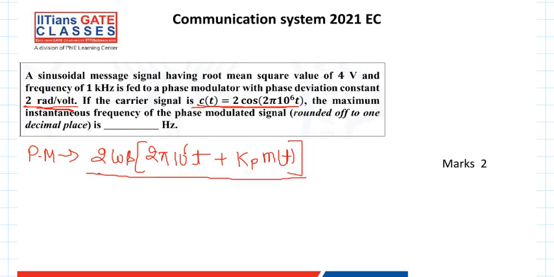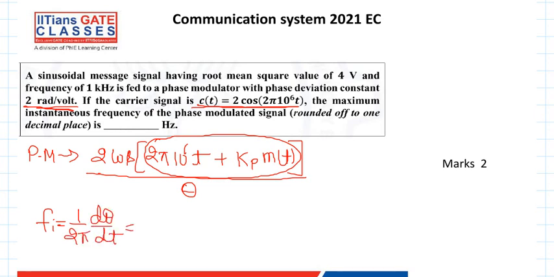Now we need to find out the maximum instantaneous frequency. Now this complete thing is the phase term. Let's call it theta. Now the instantaneous frequency is given as 1 upon 2 pi d theta by dt.